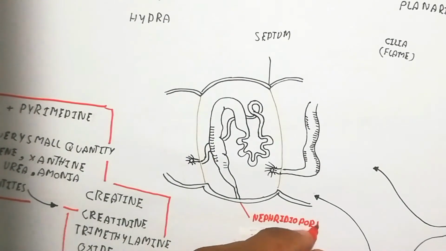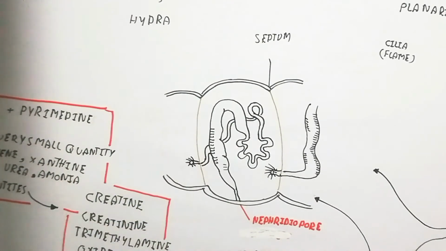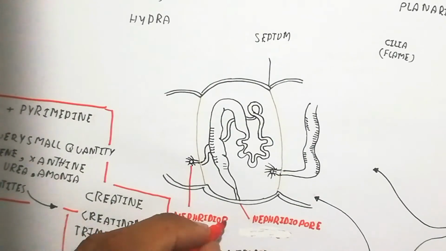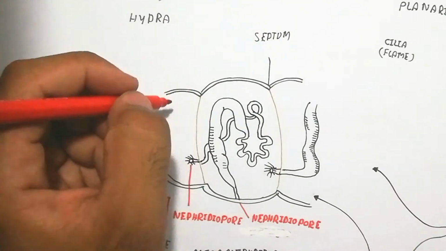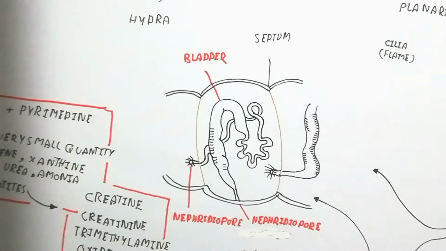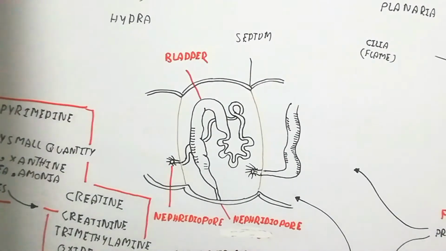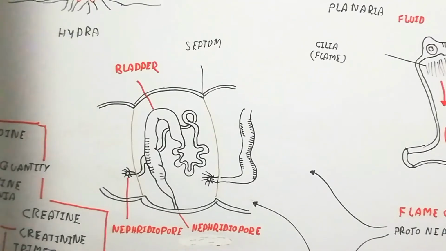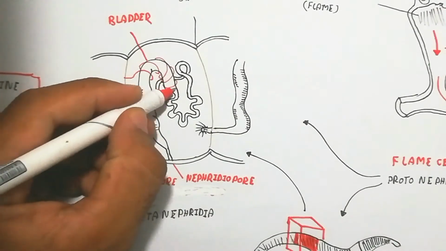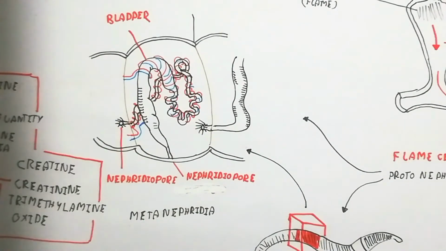Here is the septum, here is the nephridiopore, and here is the nephrostome, and here is the bladder. One septum collects the fluid through the nephrostome, a ciliary body, which collects the fluid and passes it into the next septum. There it is reabsorbed by the surrounding capillaries, and ultimately the waste is excreted through the nephridiopore.